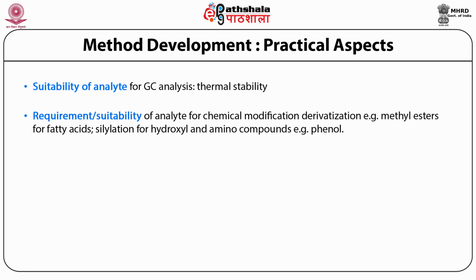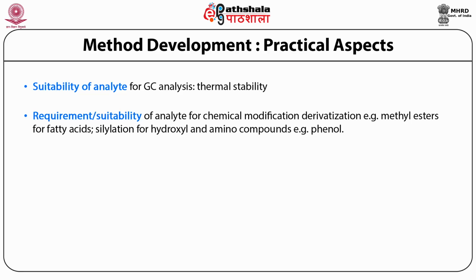So if the analyte is amenable to derivatization to a compound that can be subsequently analyzed, then it can be used for a method that can be applied to the gas chromatographic process. Now, there are mainly three types of derivatization. They are acylation, alkylation, or silylation.